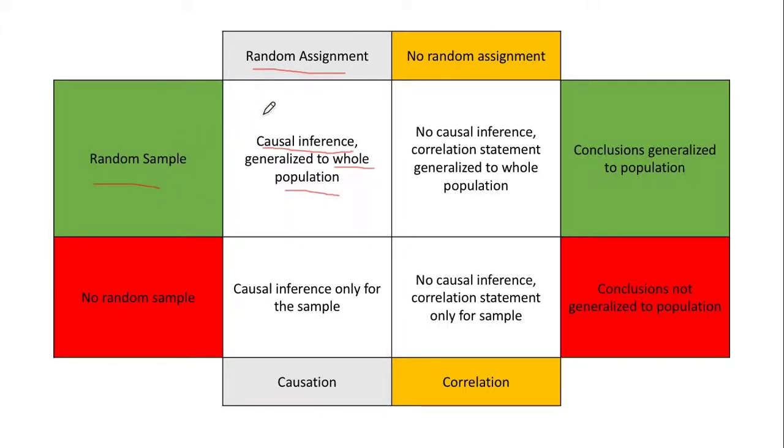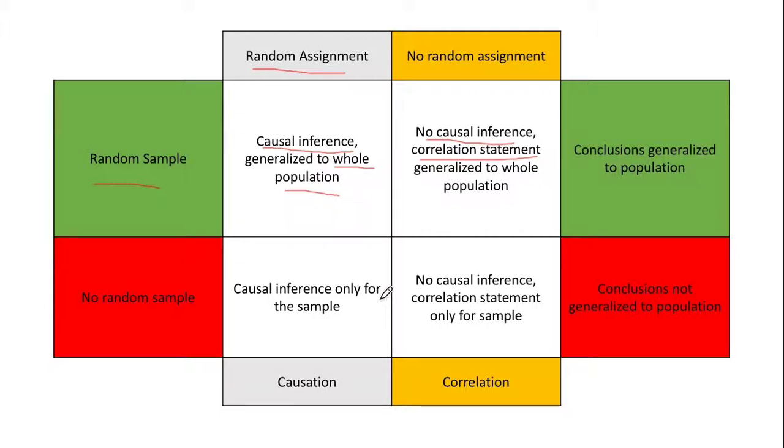Whereas if you have a random sample but no random assignment, you cannot make any causal inferences. You can only examine relationships or associations, but you can still generalize to the whole population. Now, if you have no random sample but random assignment, you can only make causal inferences to that sample.